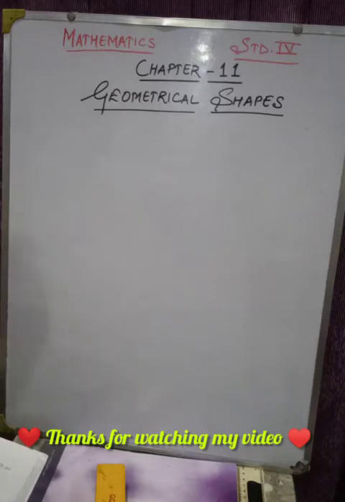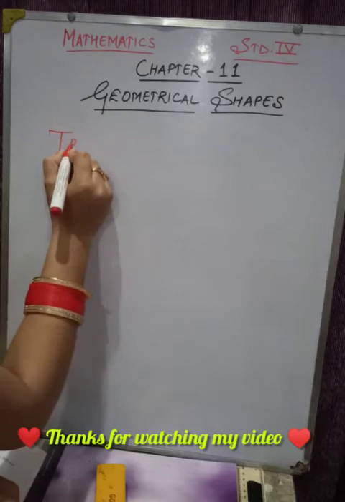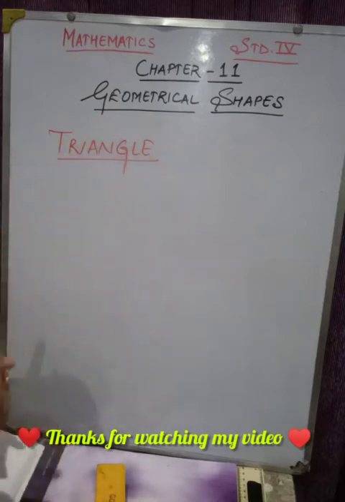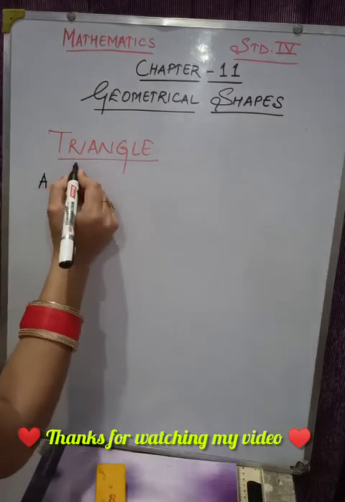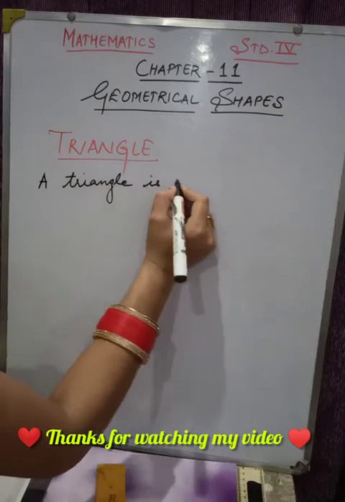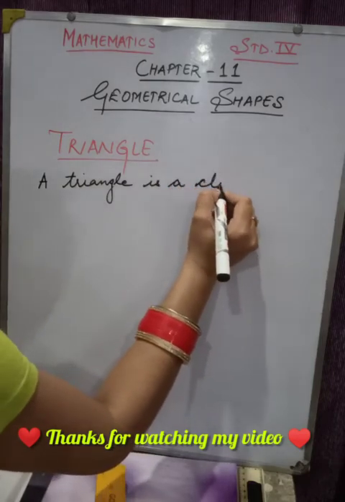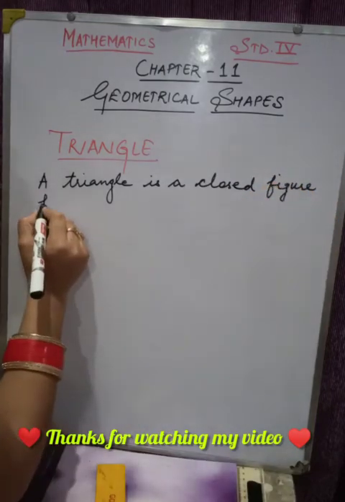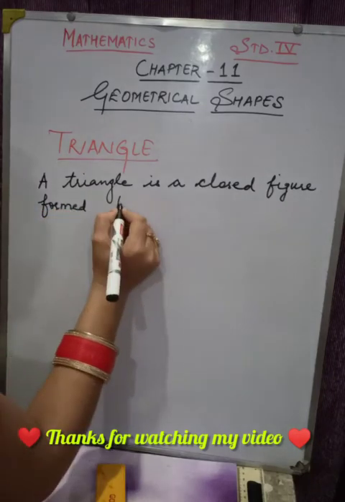Now let's come to the types of closed figures and quadrilaterals. First of all, we will discuss closed figures. Triangle. A triangle is a three-sided figure and it is closed, formed by three line segments.